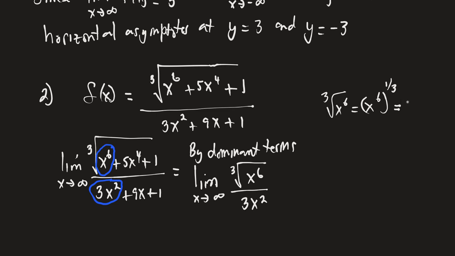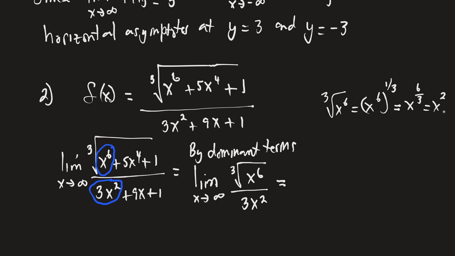That's going to give you x to the 6 over 3, which is x squared, right? So that's what this simplifies to. And we don't have to worry too much about the negative stuff yet because x is approaching positive infinity.